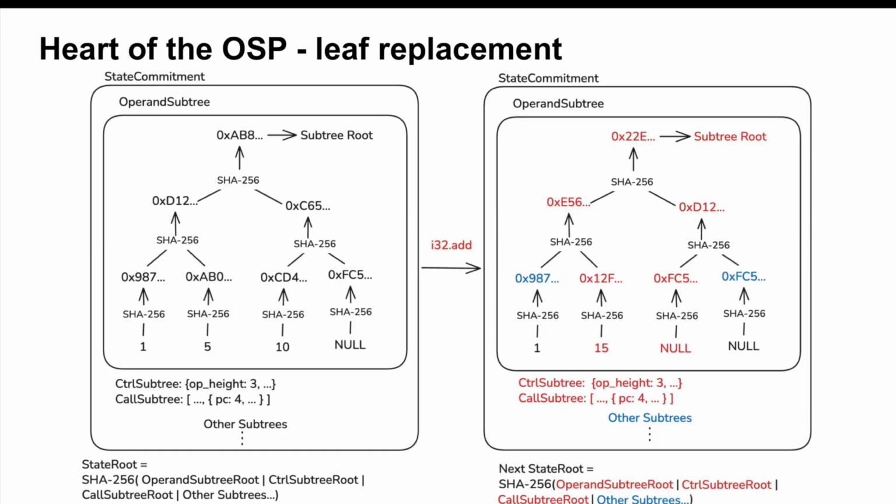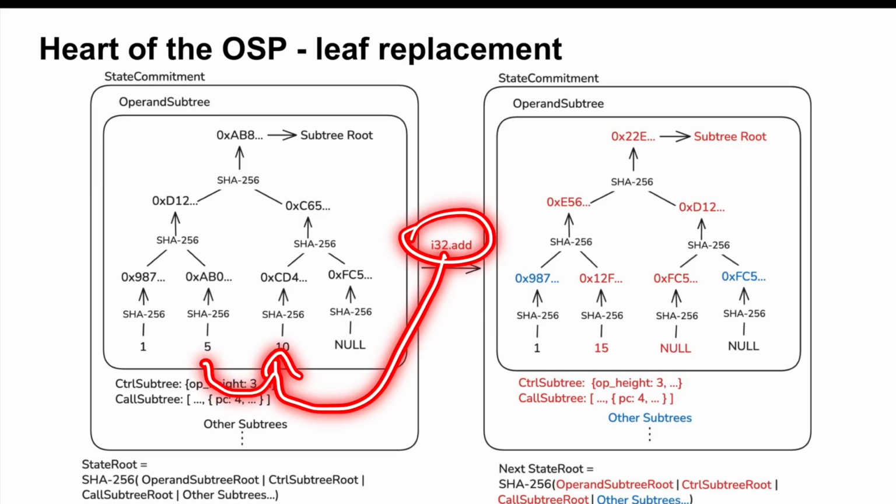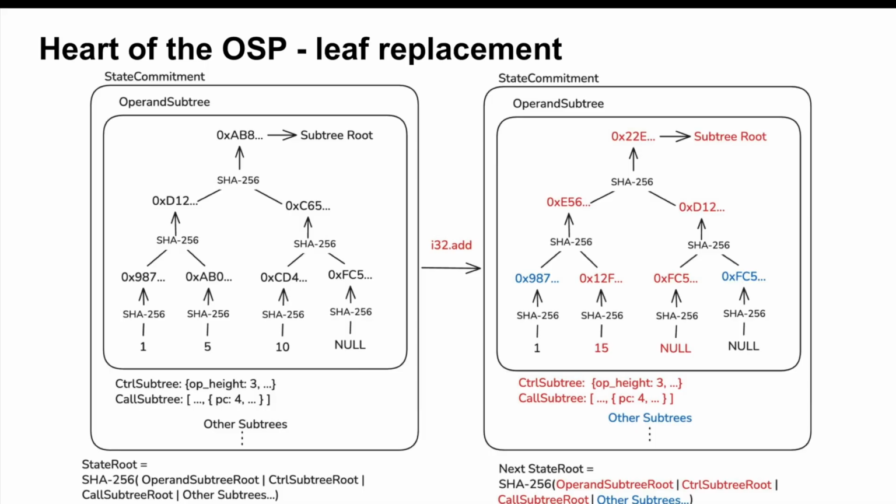Since we had these subtrees in the state commitments, as we can see, if we apply this operation on the state commitment, we only need to replace the leaves here, like 5 and 10. We replaced the 5 by 15 because this is the top of the stack now, and we added this null here.